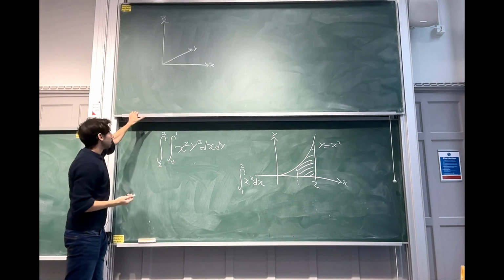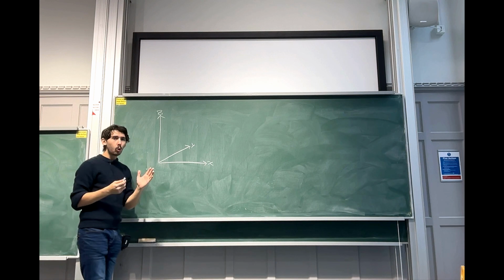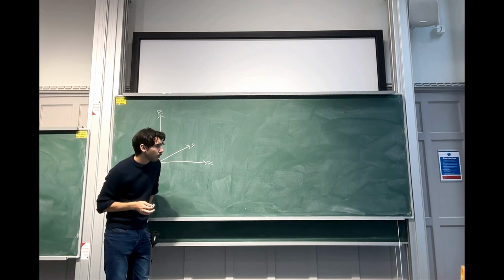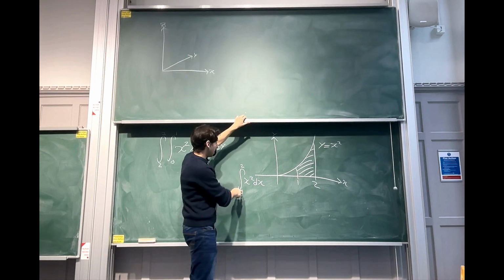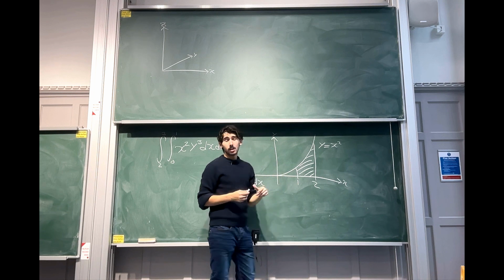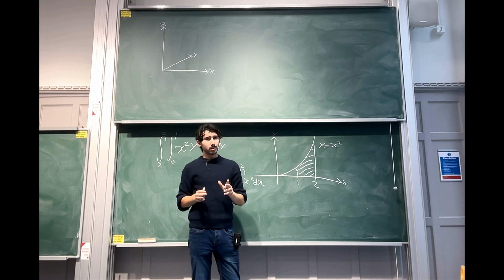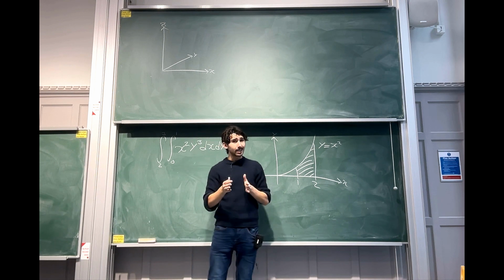So if we look at our bounds of integration, normally in single variable, and this is why I drew this earlier, your limits are just lines. So you integrate between the lines. But with a double integral, what's really important is you're not going to be integrating between two lines anymore.